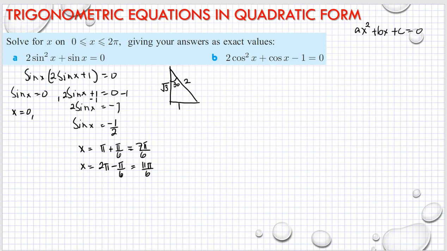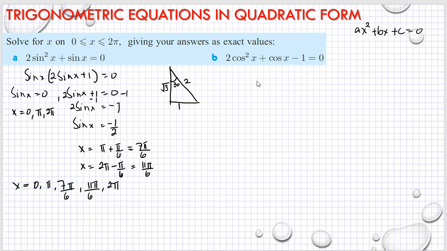And then we have another, 2 pi. So if we write all our x, we have 0, pi, 7 pi over 6, 11 pi over 6, and 2 pi.